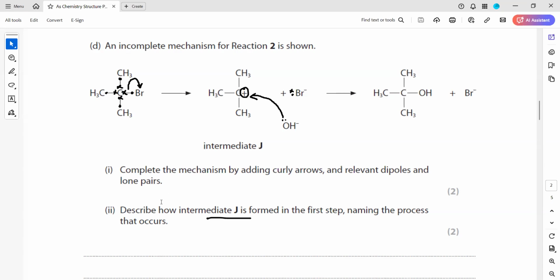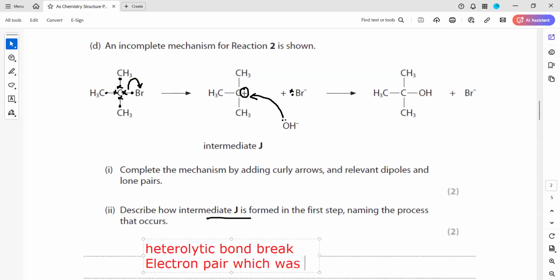So we'll state here: heterolytic bond breaking happens and the electron pair which was shared between the carbon and bromine is transferred to bromine.